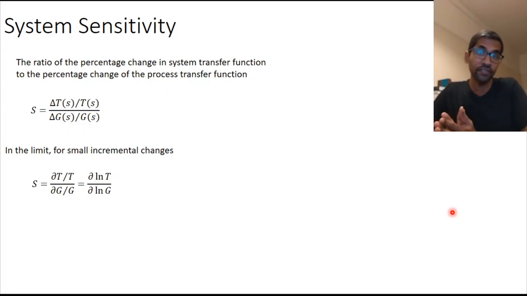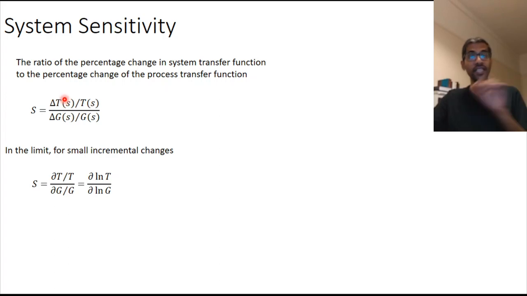Now we quantify these changes by using a parameter called system sensitivity. System sensitivity is defined as the ratio of the percentage change in the transfer function to the percentage change in the process transfer function. So T(s) is the overall transfer function of the closed loop system, and G is the transfer function of the process.